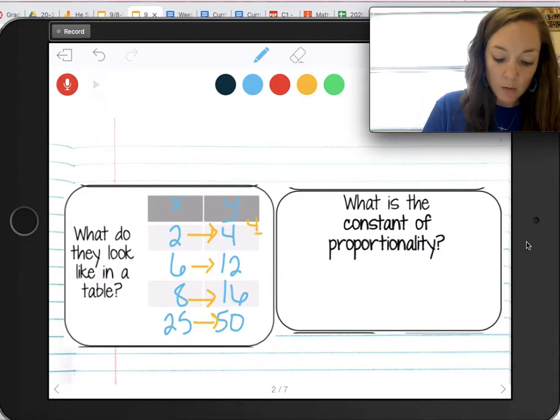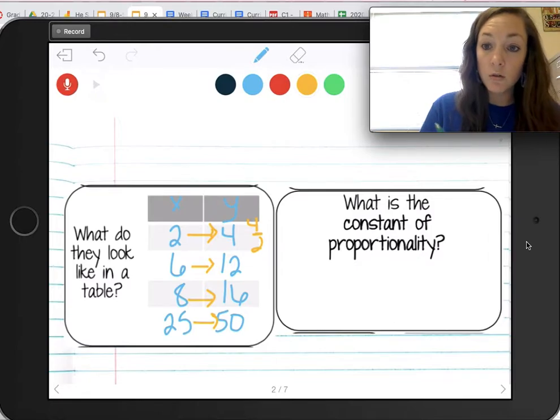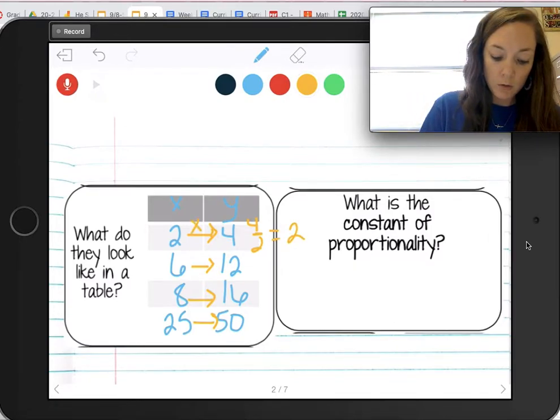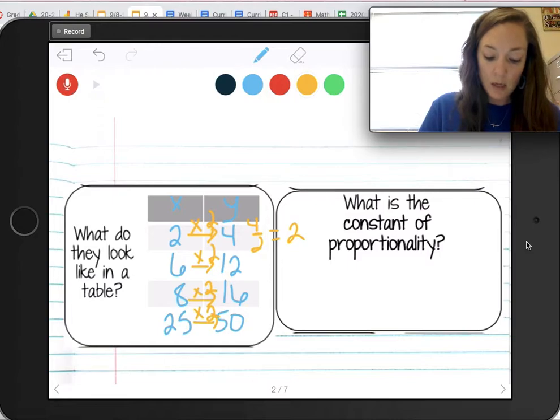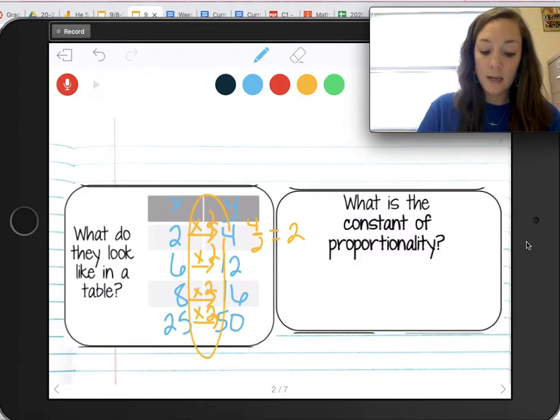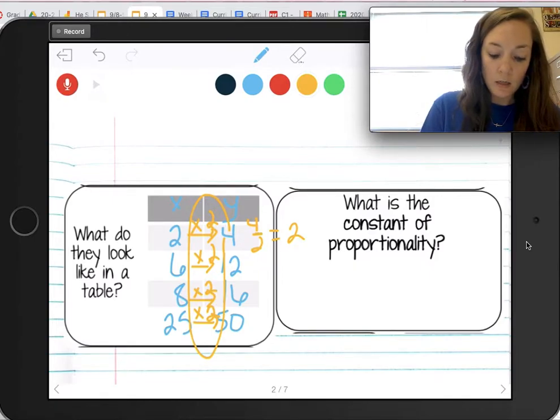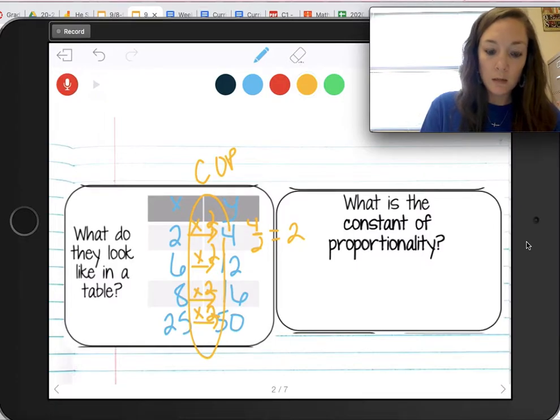I could work backwards if I don't know this, and I could say 4 divided by 2, and I get 2. So I'm multiplying by 2 here, by 2 here, by 2 here, and by 2 here. Am I multiplying by the same thing throughout the entire table? Yes, I am. So I know that it is proportional. And in addition, the COP, that was a bad P, is this number that we're multiplying by.